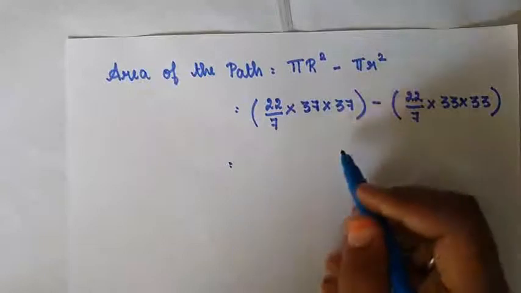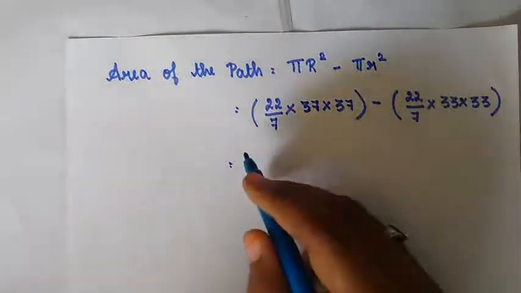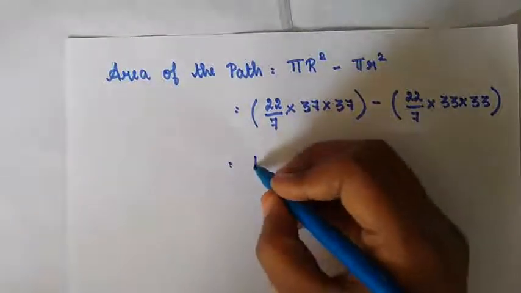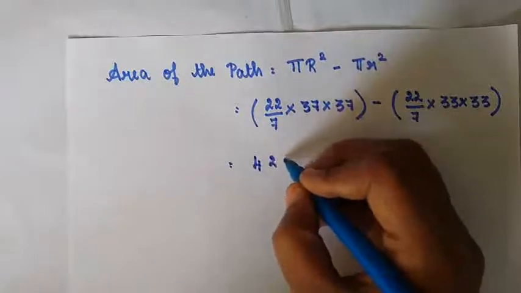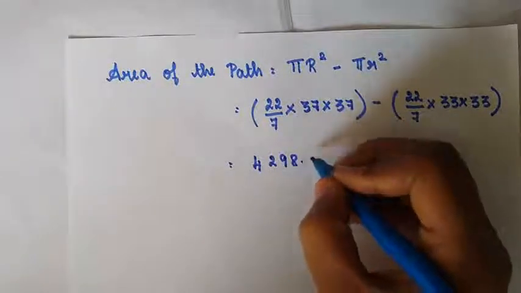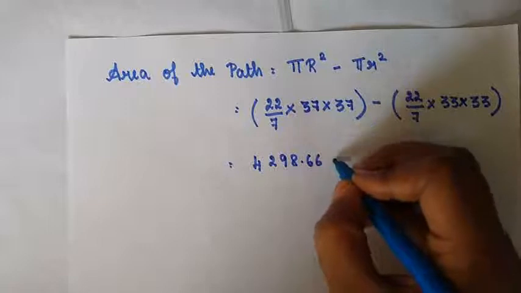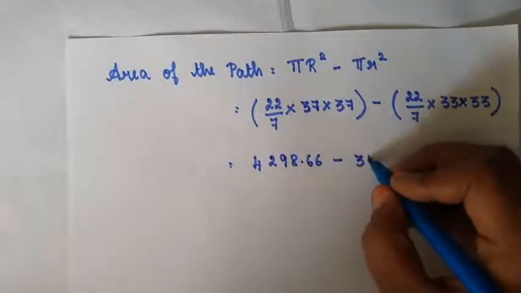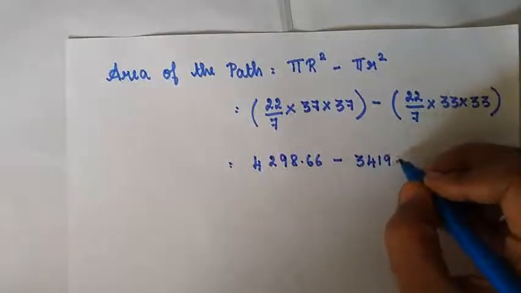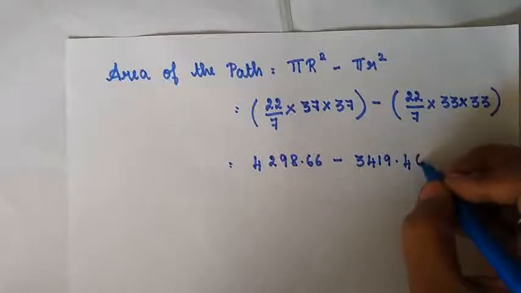Then we have to simplify this value. We get 4,298.66 minus 3,419.46.